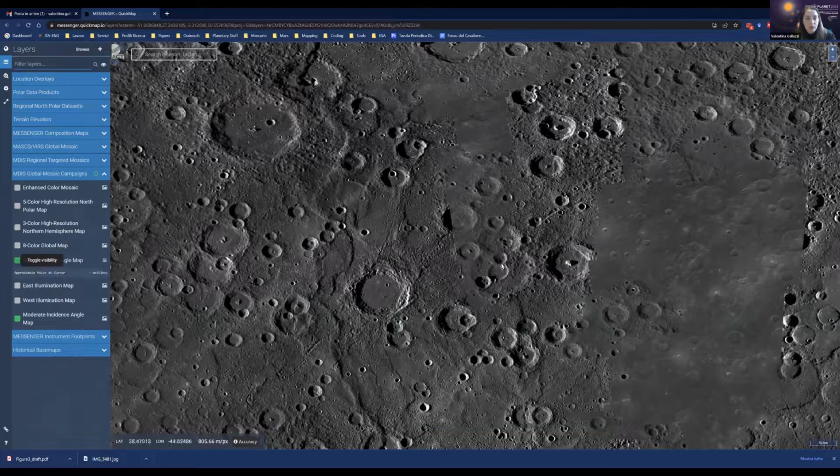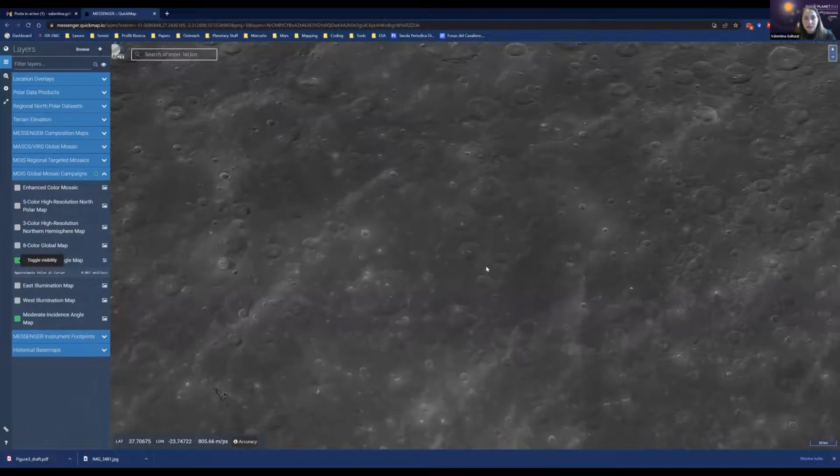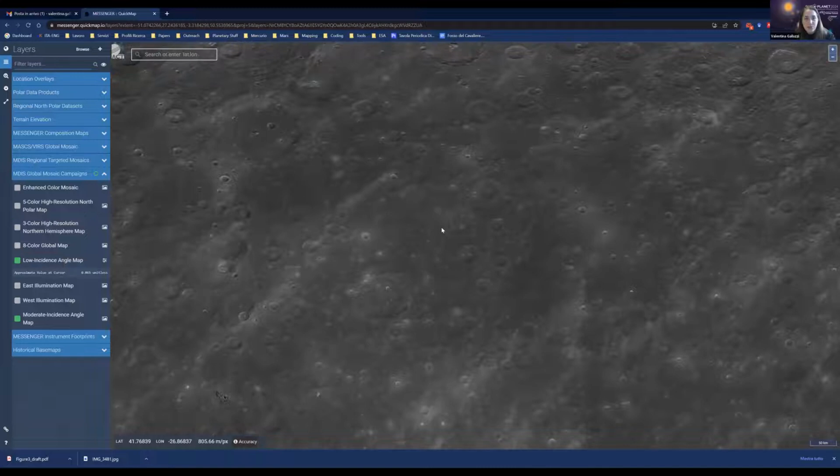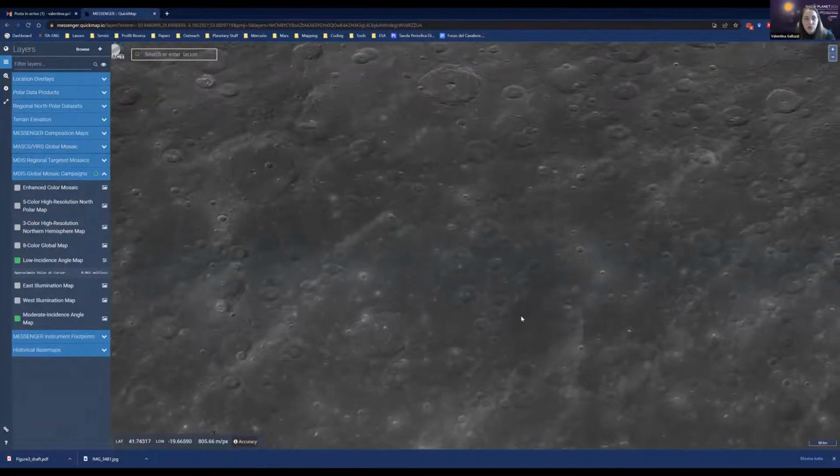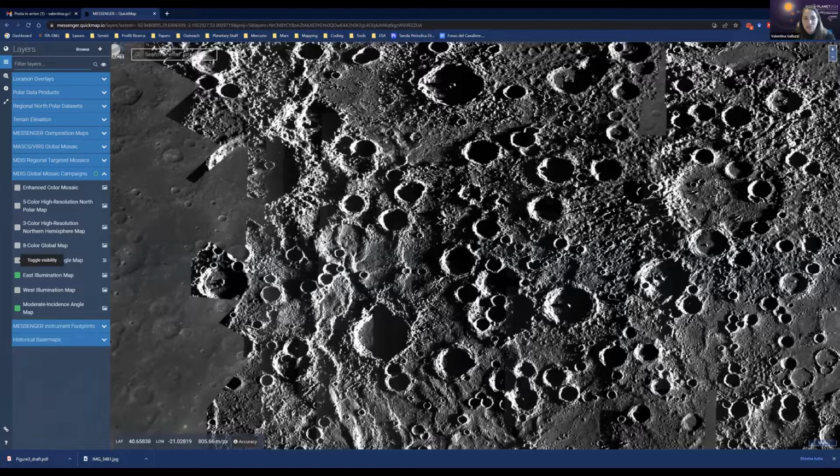We also have low incidence angle base maps. And you can see how the landscape changes, because in here, it seems we are looking at a very smooth surface. But from, for example, the east illumination base map, actually, it is not so smooth.